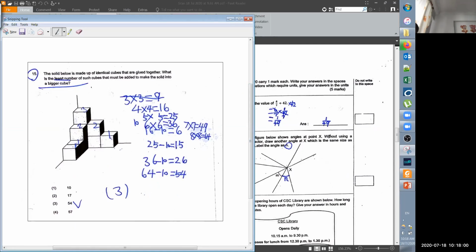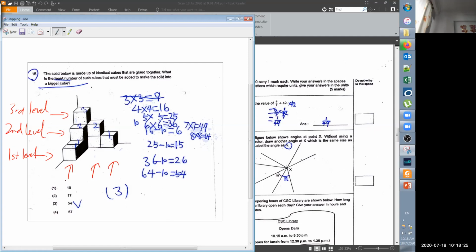You either read it by, let's say this is the first level, and then this is the second level, and then of course this is the third level. This is one way to look at it. That means you look at it from the side. Another way to look at it is from the front view.